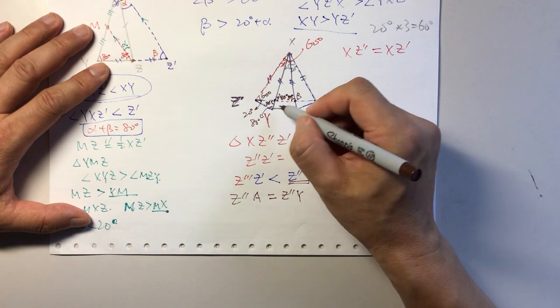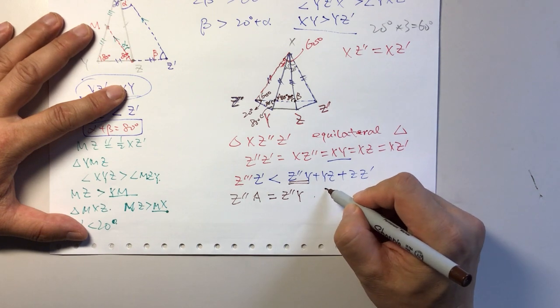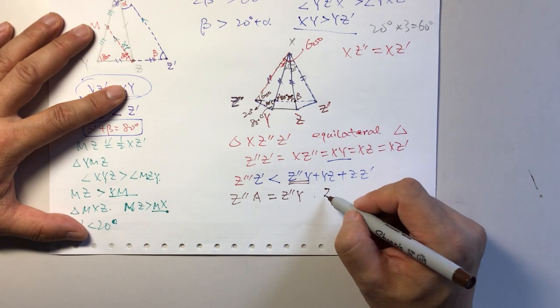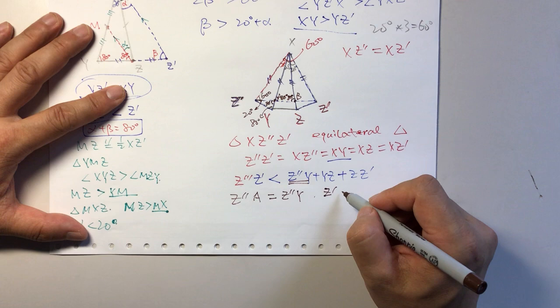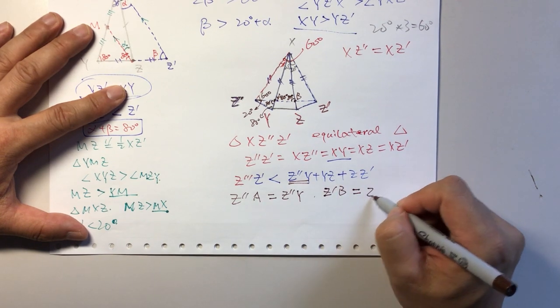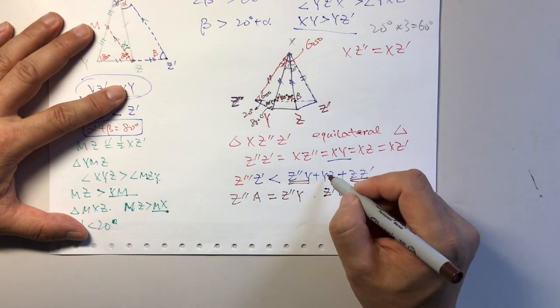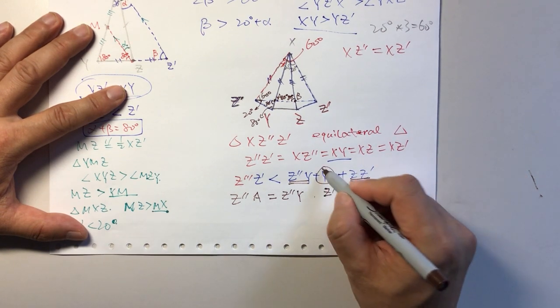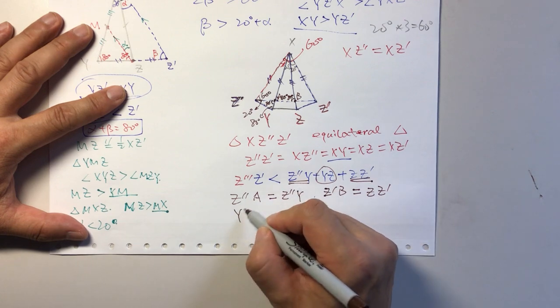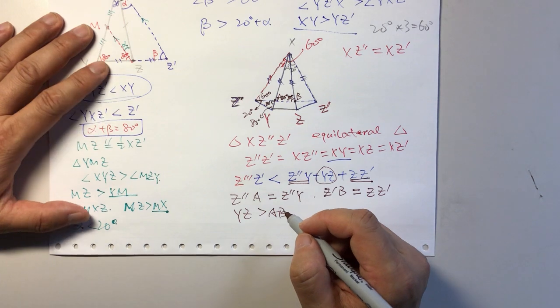It means AB is parallel. So for the same reason, z prime B equals z and z prime. Now we got this one. Finally, we just need to prove this yz is greater than AB, right?